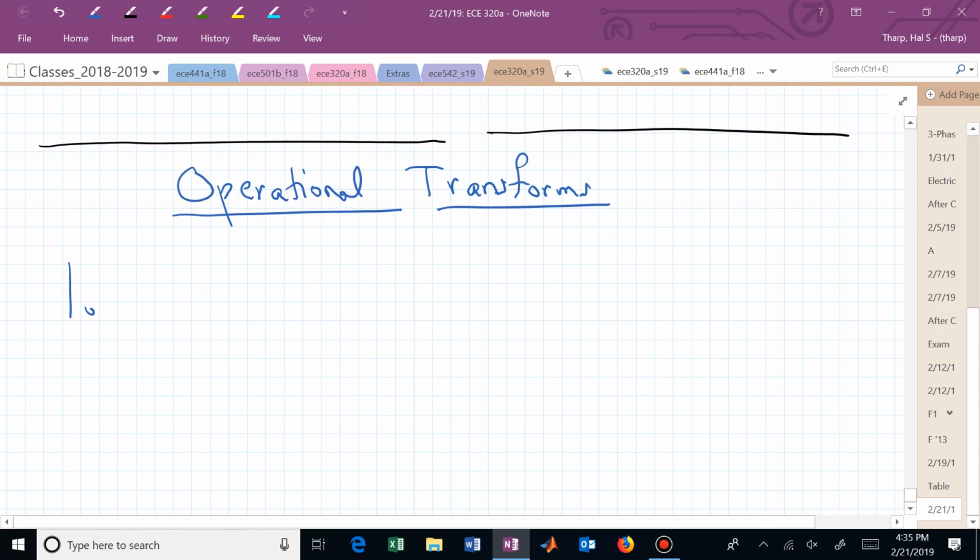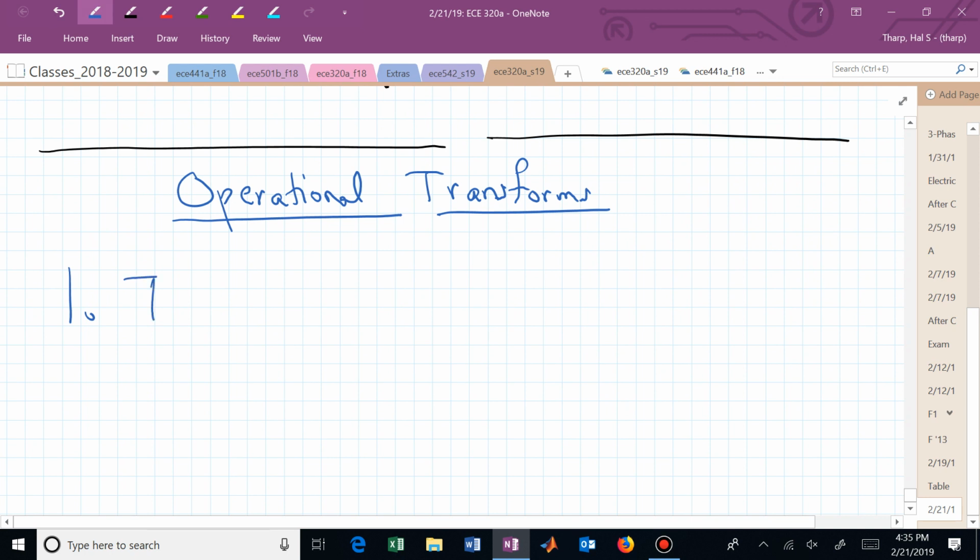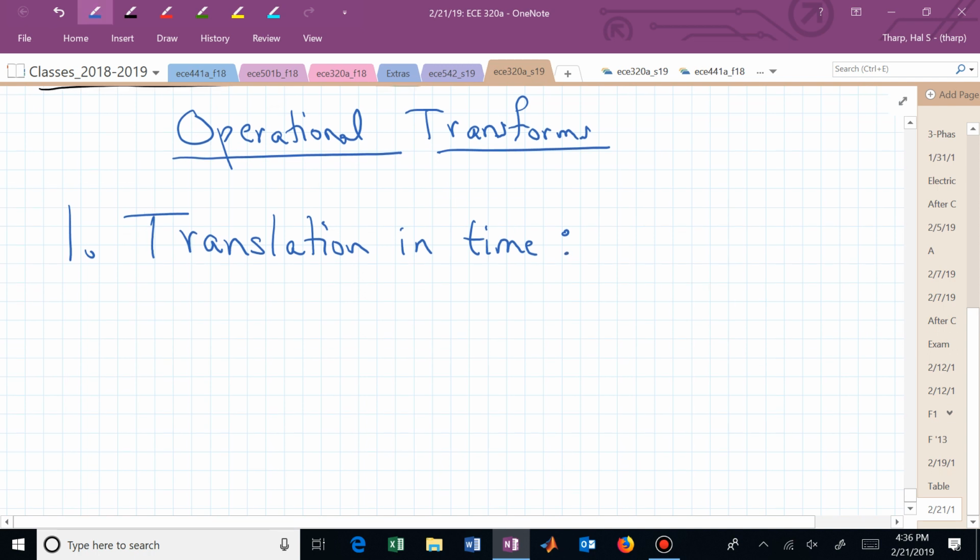The first one deals with translation in time. When we typically translate in time, it's usually a delay.